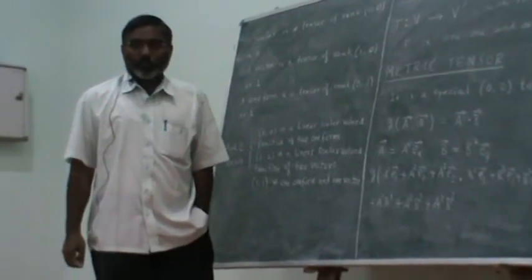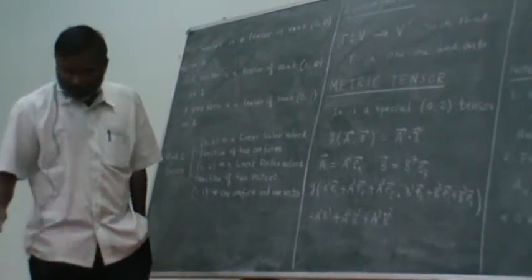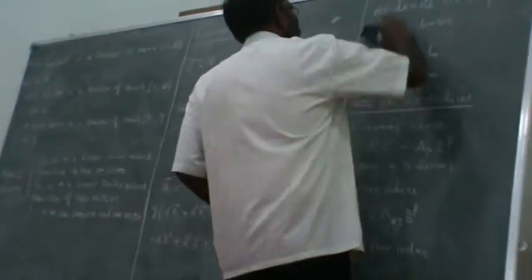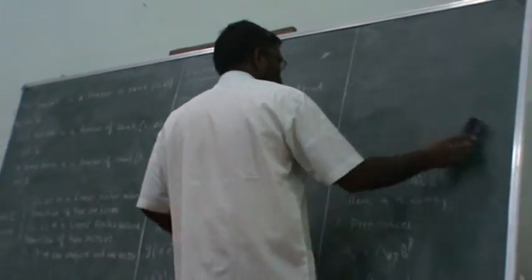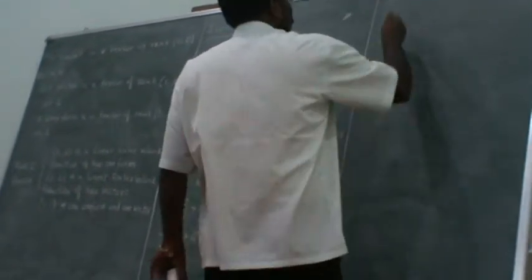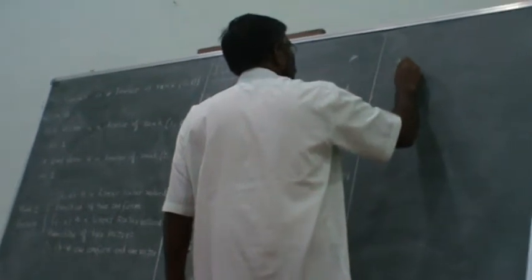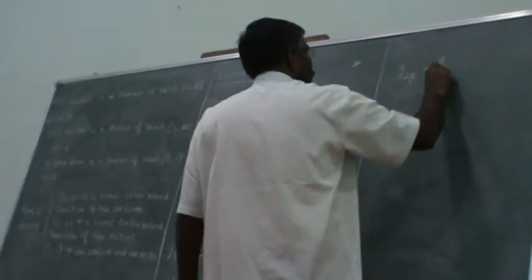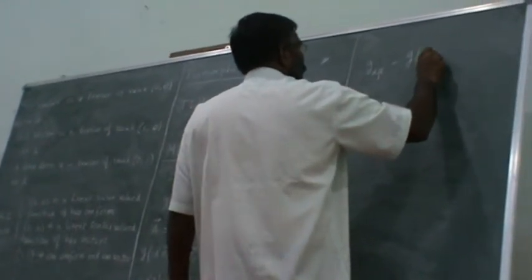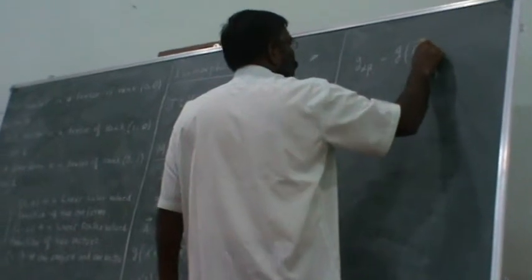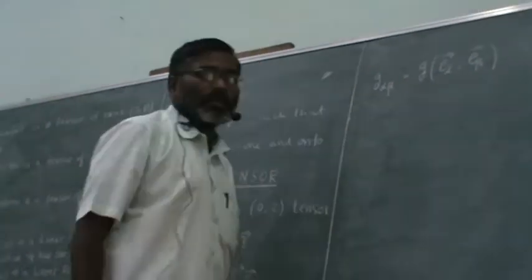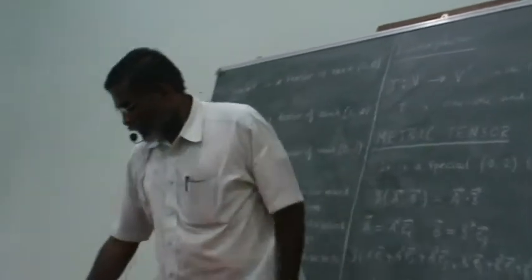This is the result, but what is G itself? So I can define this G alpha beta as G of E alpha comma E beta, these are components.